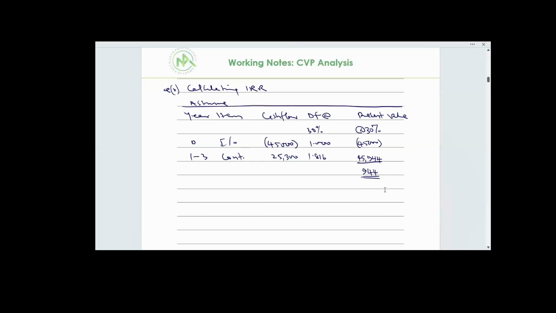Therefore, I need to assume a higher discount rate that will give me a negative NPV. Anything from 32, we should be able to get a negative NPV.